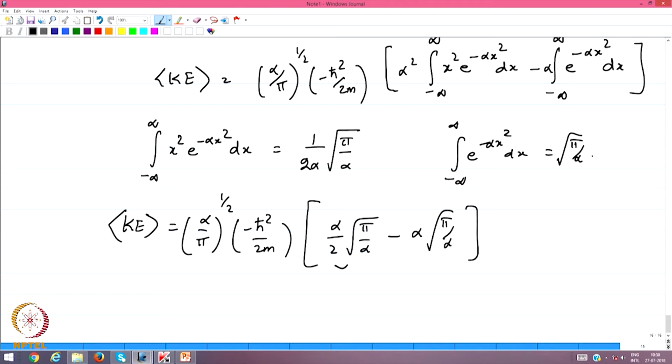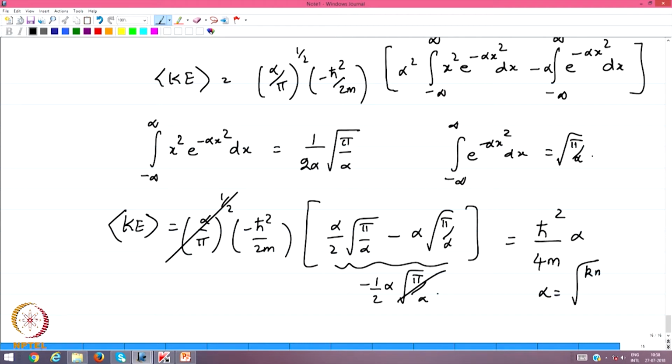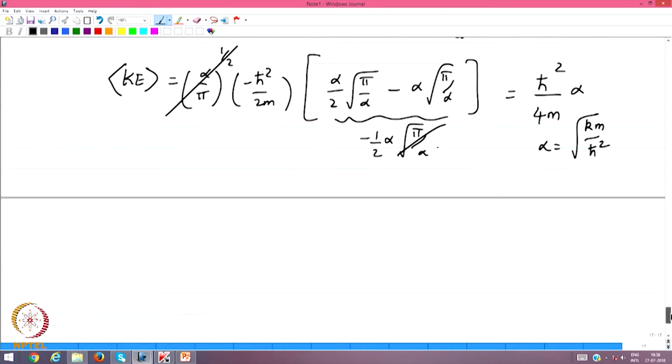So this is minus 1 by 2 alpha root pi over alpha, and that cancels off with the minus sign. What you have is h bar squared by 4m into alpha, and alpha is square root of km by h bar square.